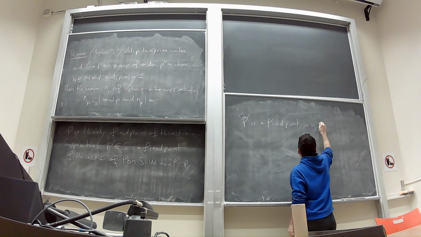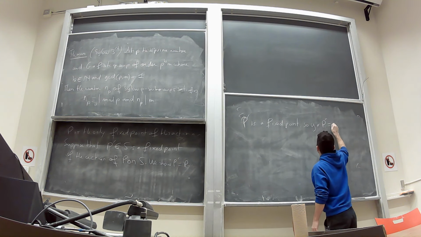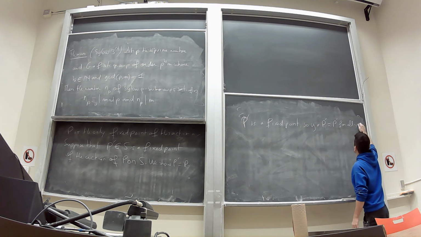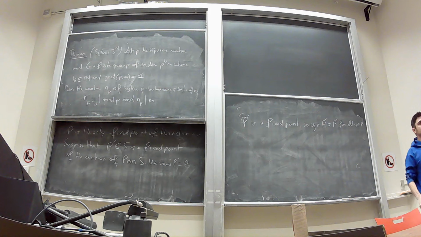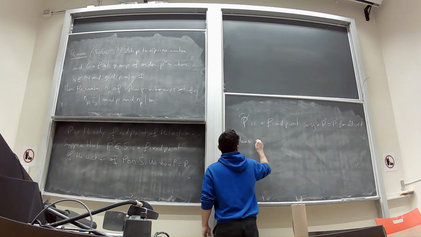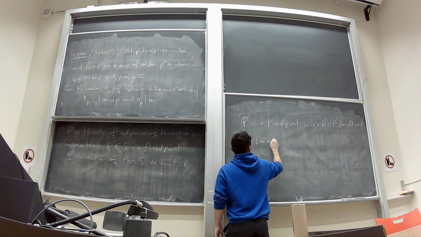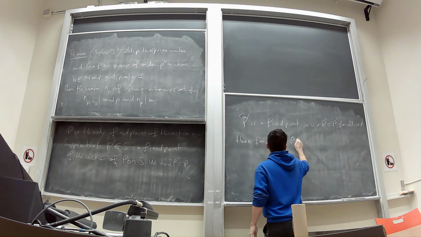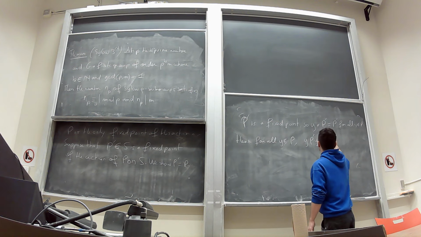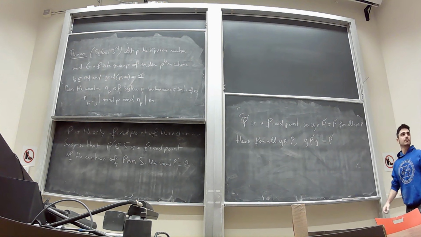So y star P prime is equal to P prime for all y in P. Agree or not? So far so good? What does this mean? Hence, for all y in P, yP'y inverse is equal to P prime.